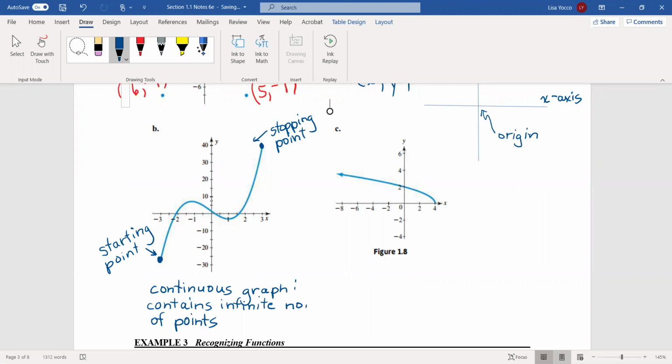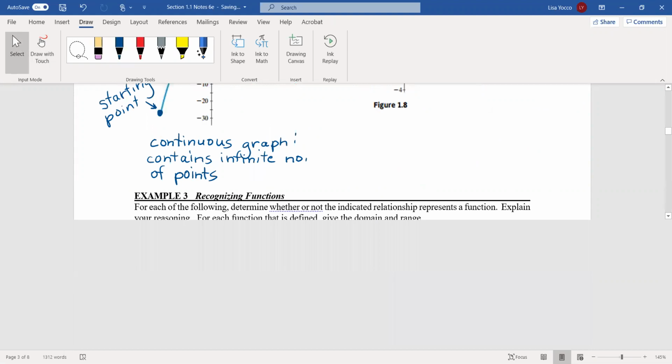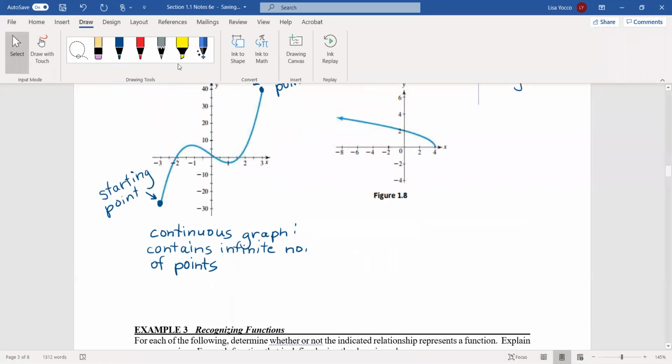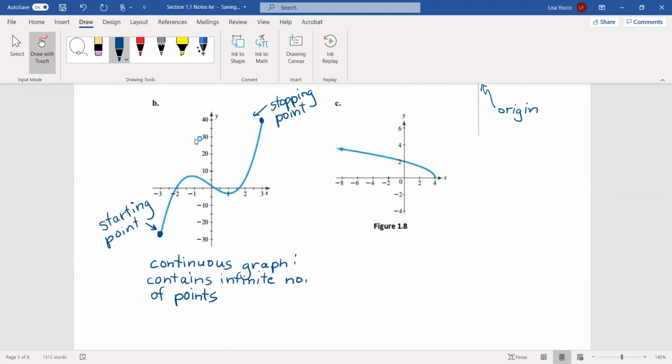The way that affects the domain and range is that the X's and Y's also have a definitive starting point and stopping point.